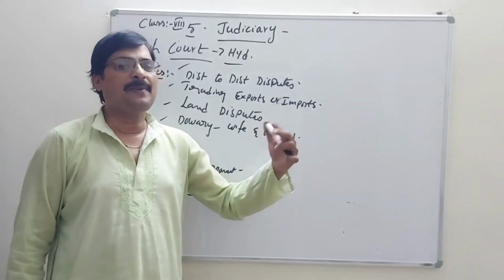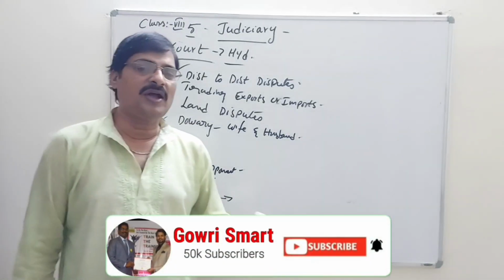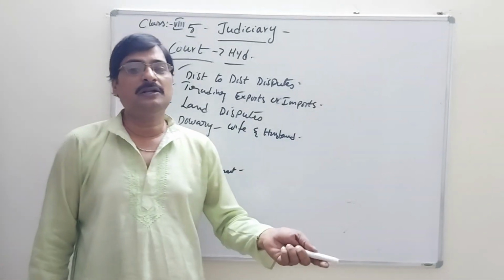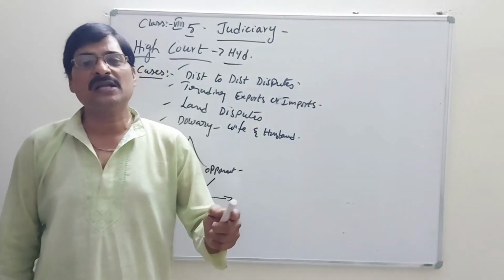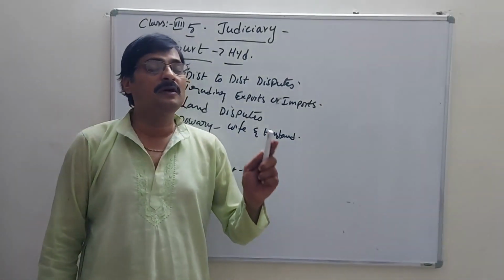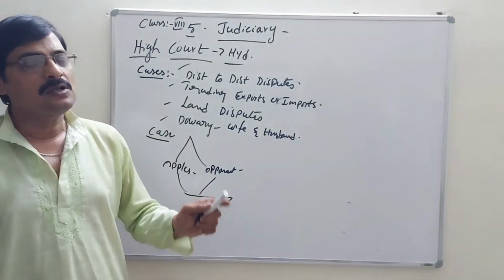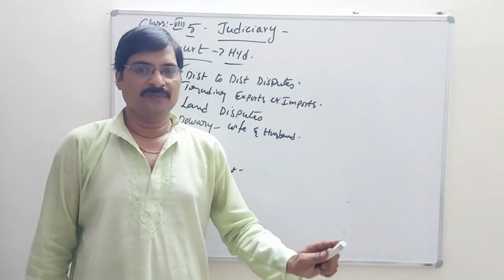Yes, it happens like that only. Either the wife is not satisfied with the judgment of the High Court, or the husband is not satisfied. With the permission of the High Court judge only, the case will be moved to the Supreme Court.